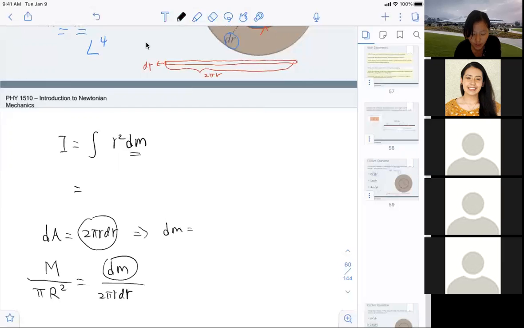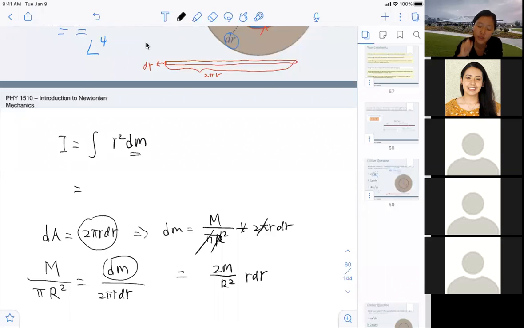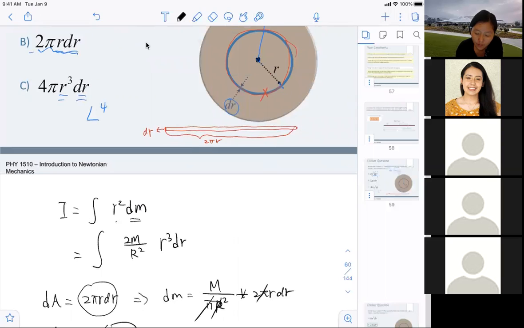So dm is calculated to be m over pi r squared times 2 pi r dr. Get rid of my pi, becomes 2m over r squared r dr. So that's the little mass contained in that very thin ring. So to put this back to calculation, you get 2m over r squared, r dr times r squared, so r cubed dr. And what are my integration limits?